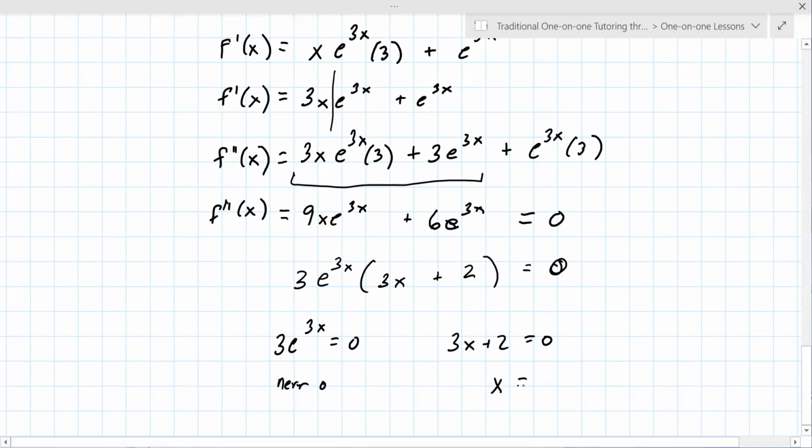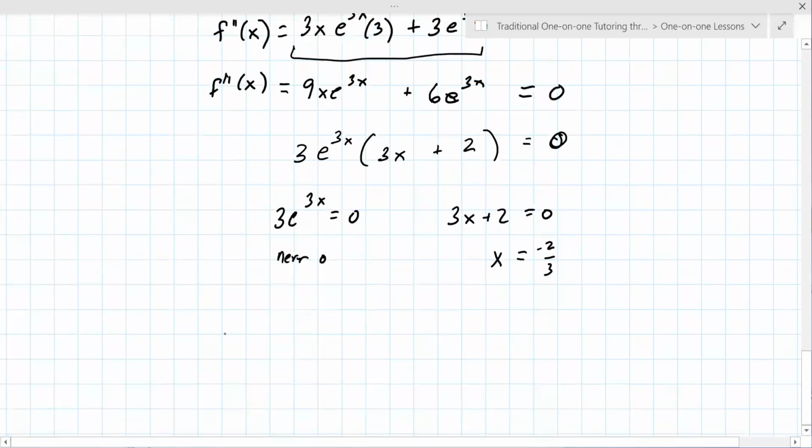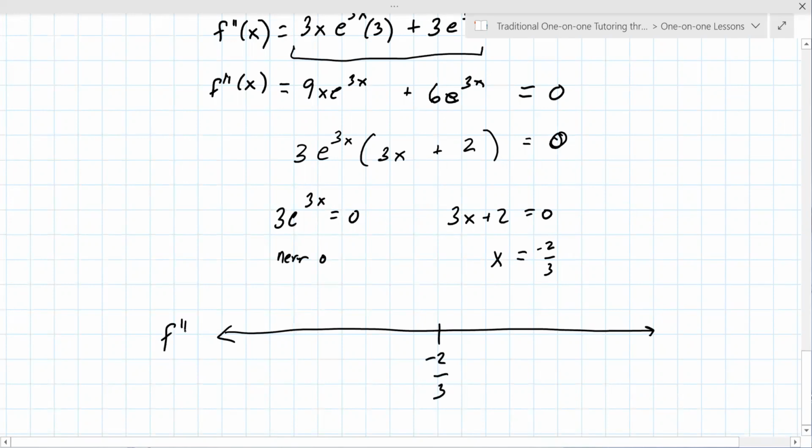The one on the right gives minus 2/3. Now you put minus 2/3 in the middle of a number line and test points. You might test minus 1 and 0 in this line right here.